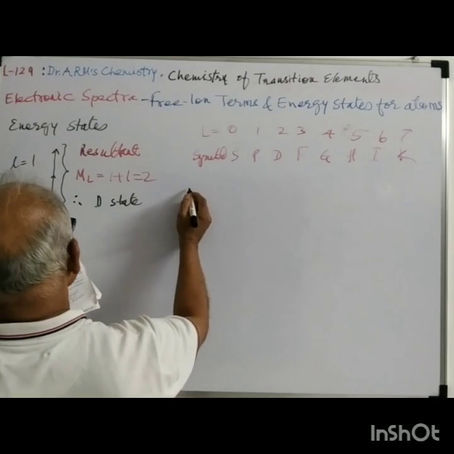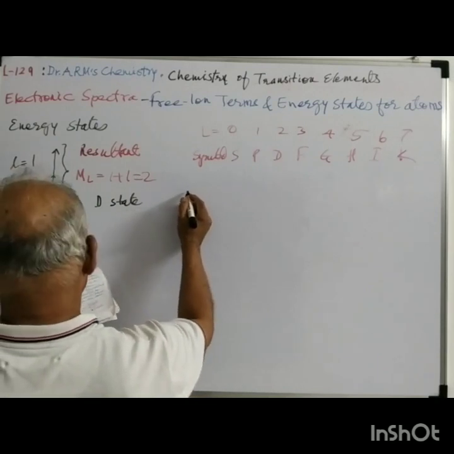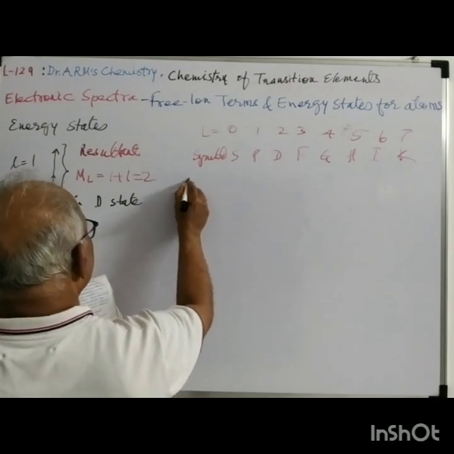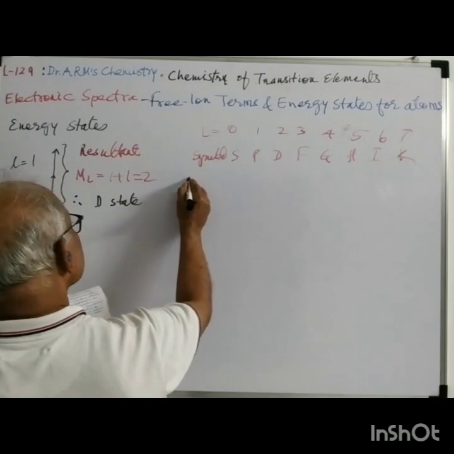Then when the direction of one of the electrons is changed, we have the diagram like this.